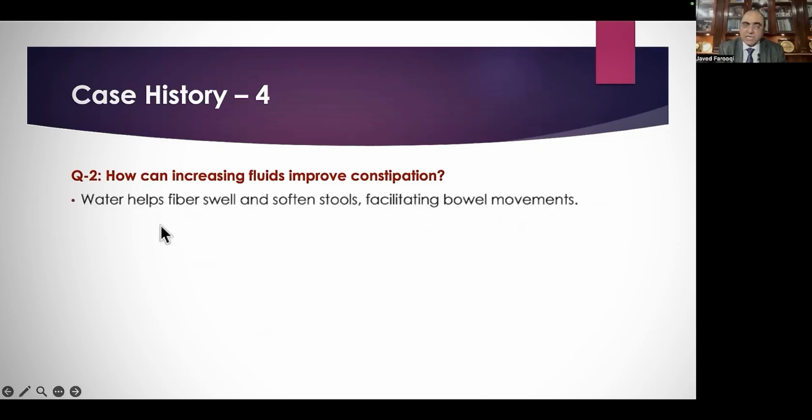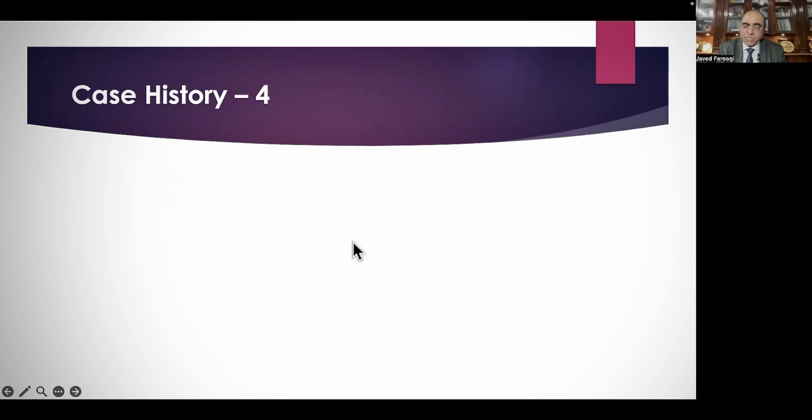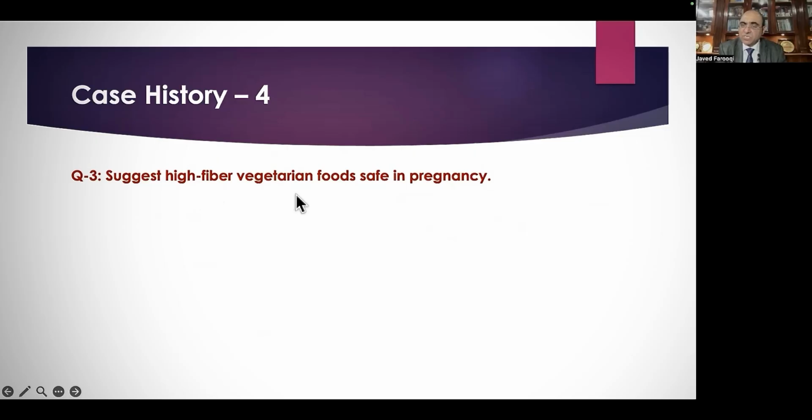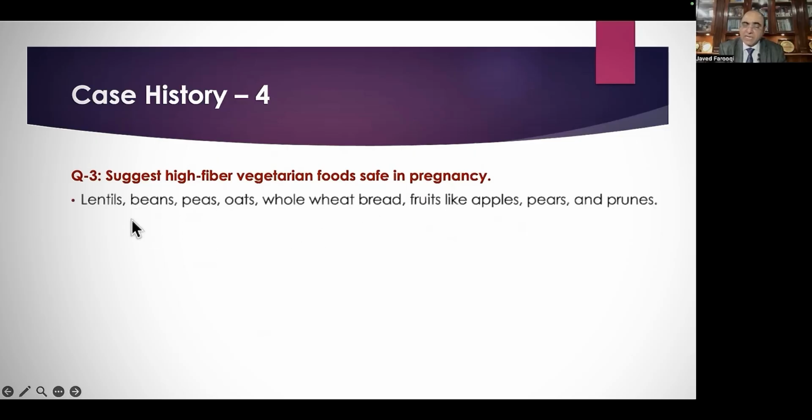And the answer is, water helps fiber swell and soften stools, facilitating bowel movements. Question number 3. Suggest high fiber vegetarian foods safe in pregnancy. And the answer is lentils, beans, peas, oats, whole wheat bran, fruits like apples, pears, and prunes.